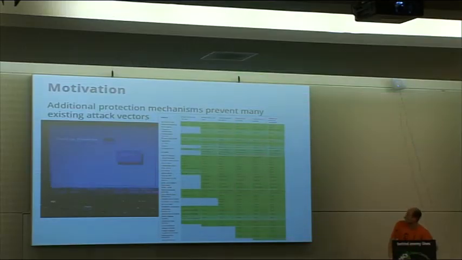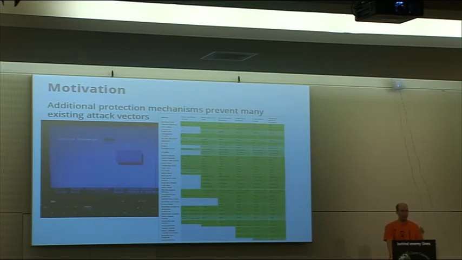Basically you see that they started off with only a few little bits and pieces enabled, and the current version has a ton of additional security features that protect from many of our standard and well-proven exploits. So what can we do about that?